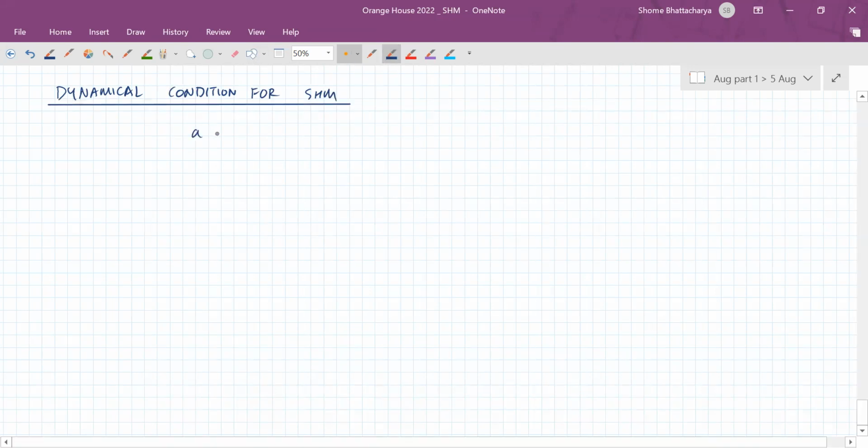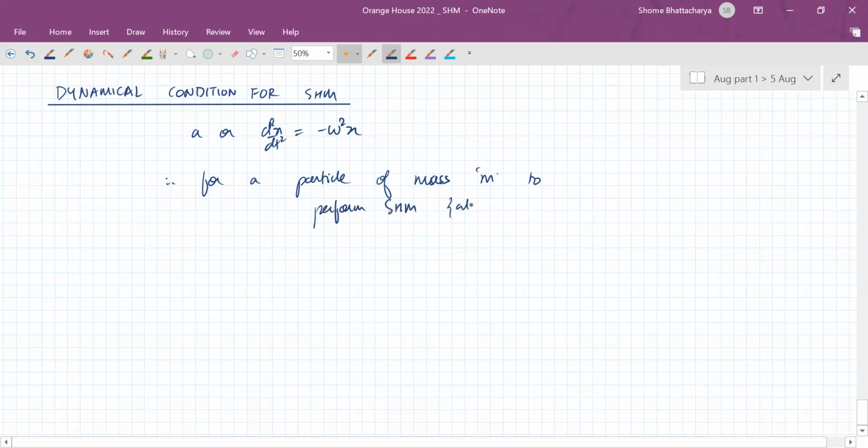Since acceleration, or d2x by dt square, is equal to minus omega square x, therefore for a particle of mass m to perform SHM along x-axis with equation like this.